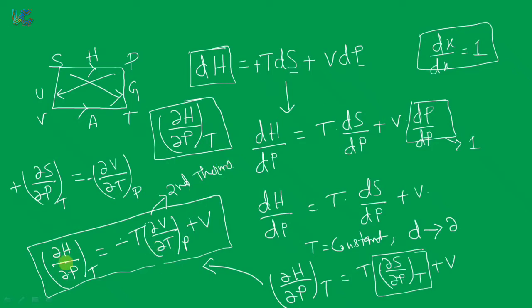Okay. So del H del P at constant T is equal to minus T del V del T at constant P plus V. From here, you can get the value of del H del P at constant T by using this equation. Fine.